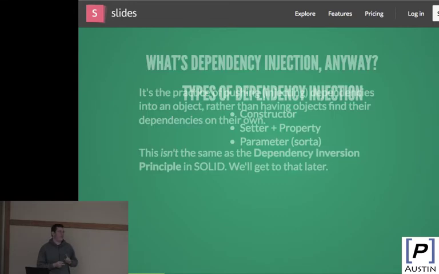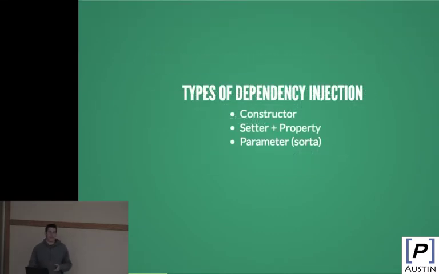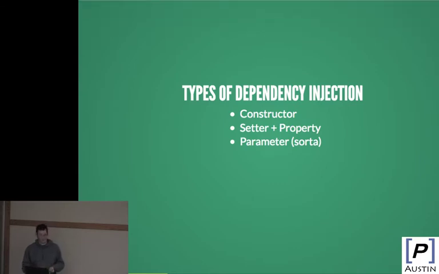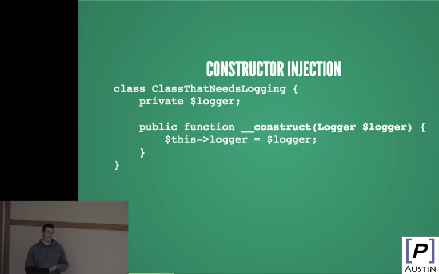So there are three types of dependency injection that we're going to talk about. We have constructor injection, setter injection, there's some property injection that you can do in there as well, and method injection at the function call site. Each of them have benefits and detriments, as we'll see momentarily.